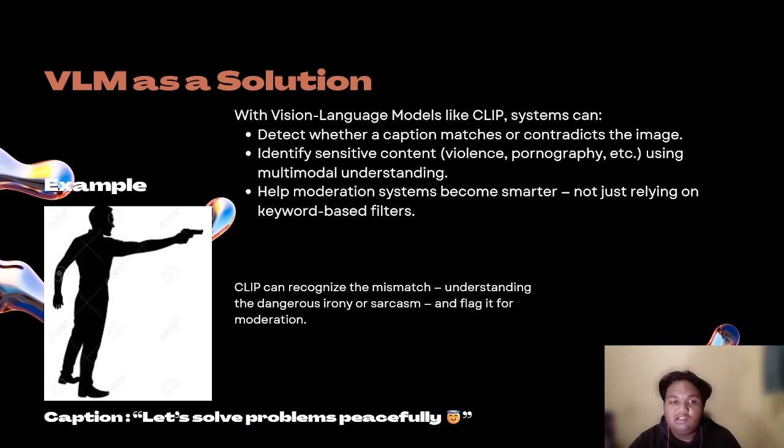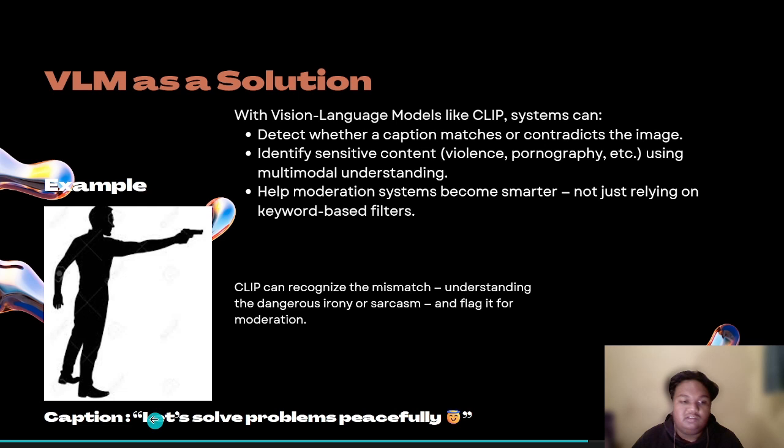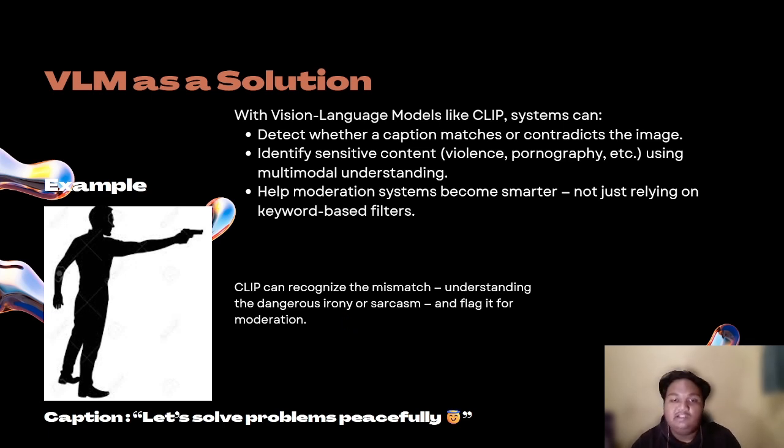The third is that it helps moderation systems become smarter, not just relying on keyword-based filters. For example, there is a photo of a random guy holding a gun, and the caption is "Let's solve the problem peacefully" with an emoticon. CLIP can recognize this mismatch, understand the danger, irony or sarcasm, and flag it for moderation.